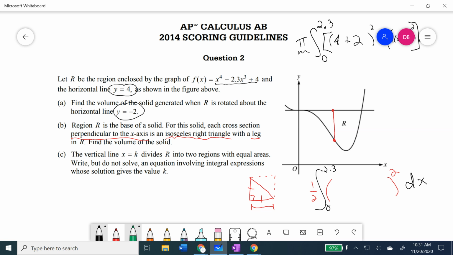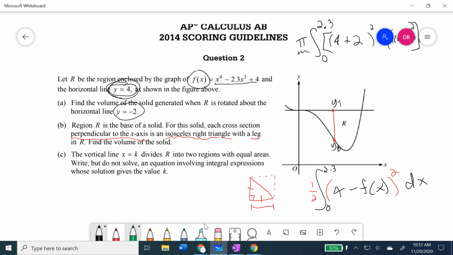And then left over is y top minus y bottom. The y top is y equals 4. The y bottom, f of x. And then put it in your calculator and get a numerical answer.